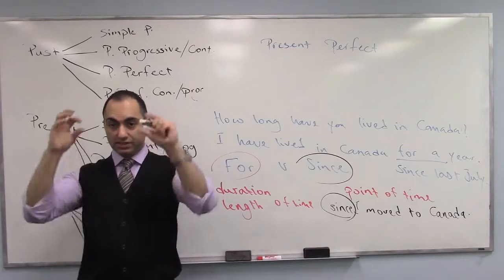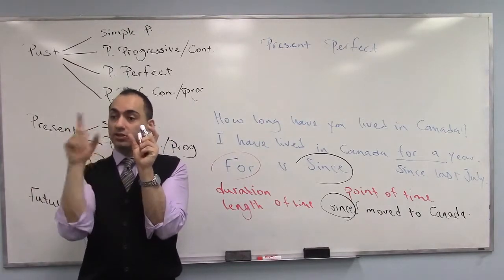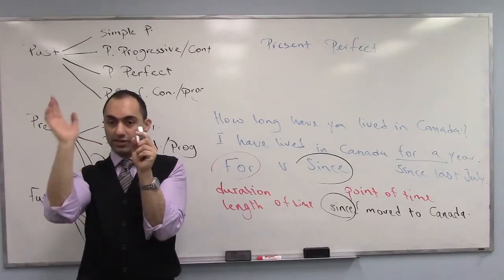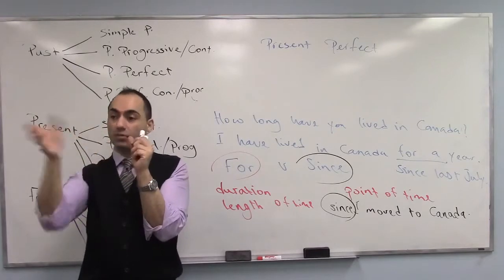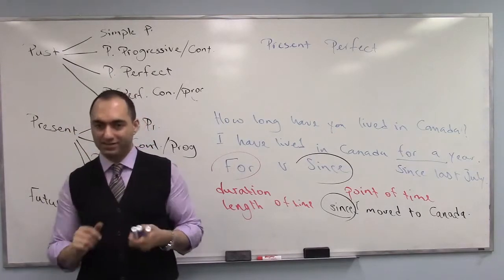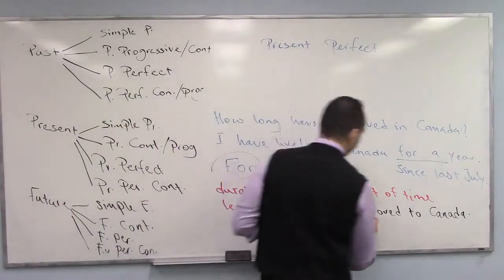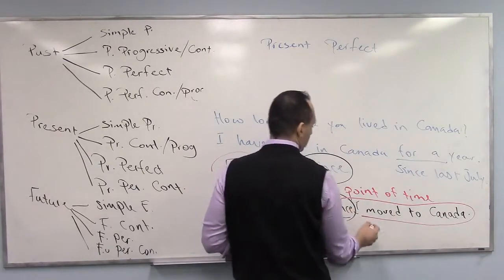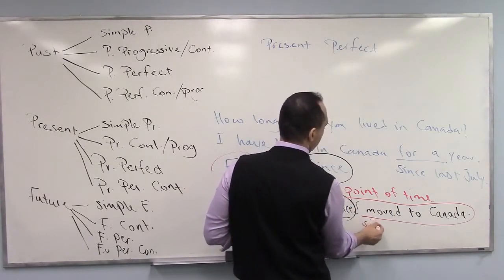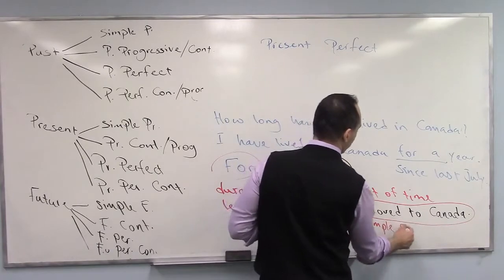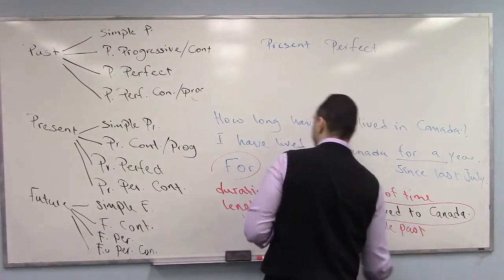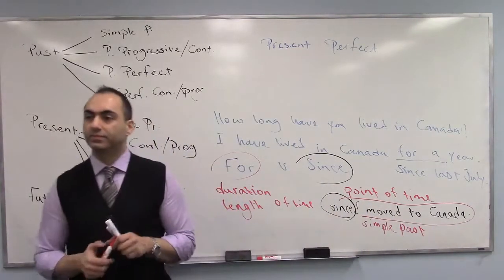After since itself, if I want to talk about the time, since yesterday, since the day before, since I moved to Canada, always simple past. Always. Simple past for point of time. Let's remember that.